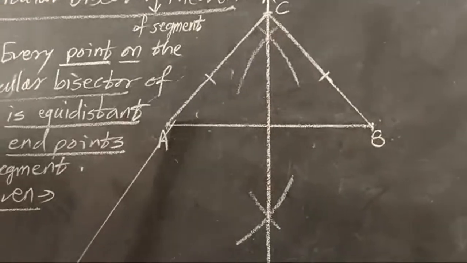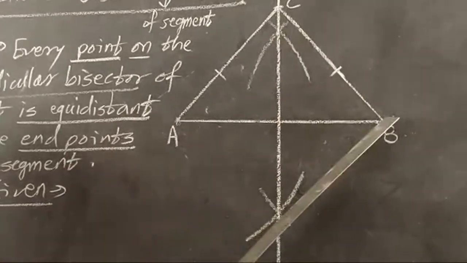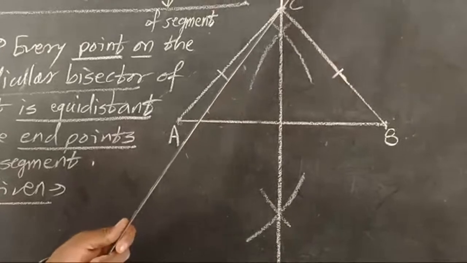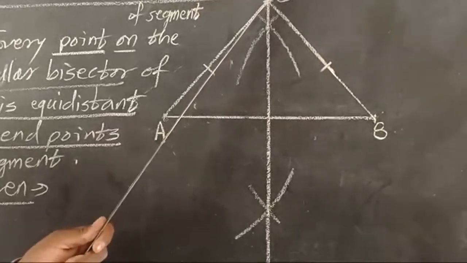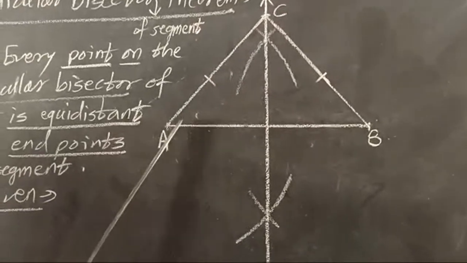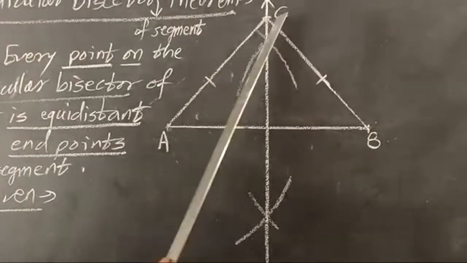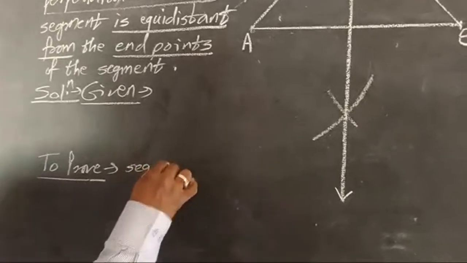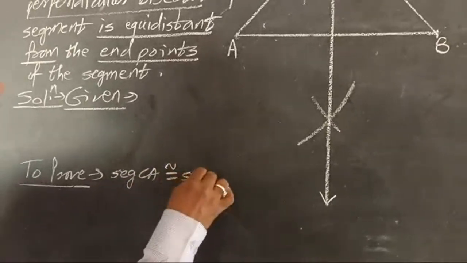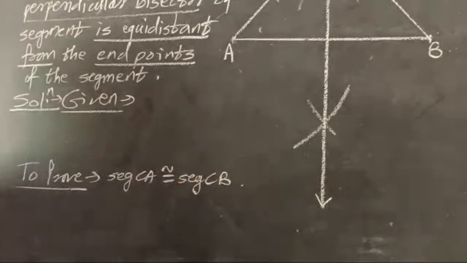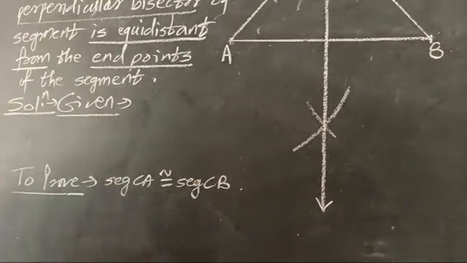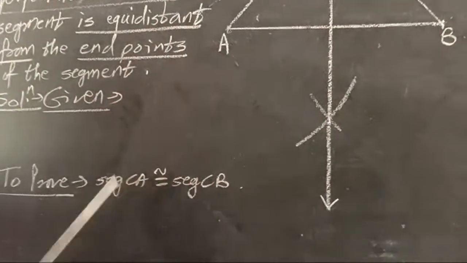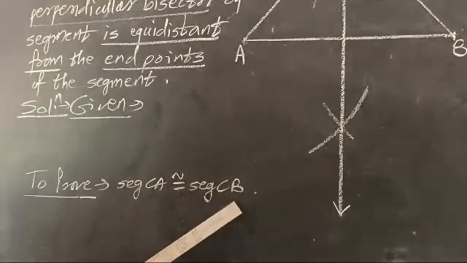Equidistant means equal distance. Which is the equal distance? CA is equal to CB. That is segment CA congruent to segment CB. The required distance means congruent segments.